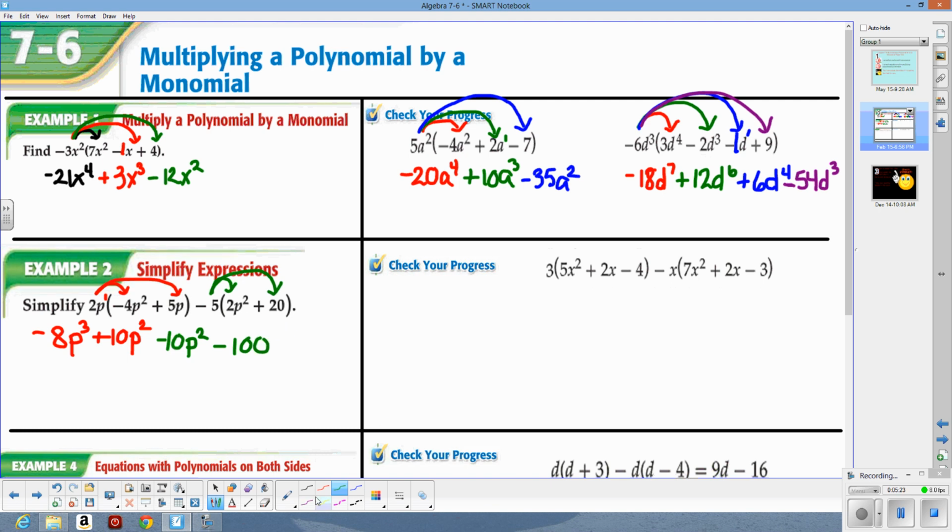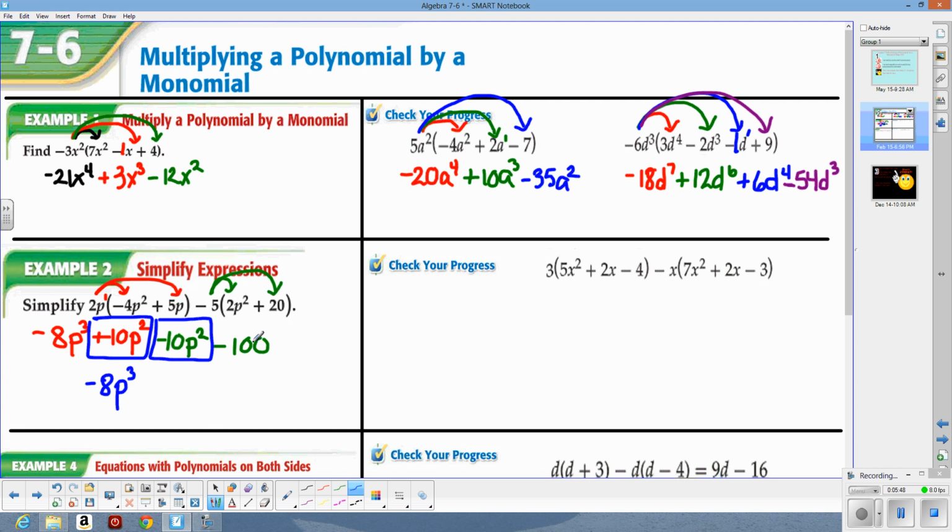Now, we're not quite finished here because we have some like terms. Remember, like terms are terms that have the exact same variable part. So if you look here, we don't have any other p to the third, so we're going to just leave that as negative 8p to the third. However, this positive 10p squared is going to be combined with the negative 10p squared.